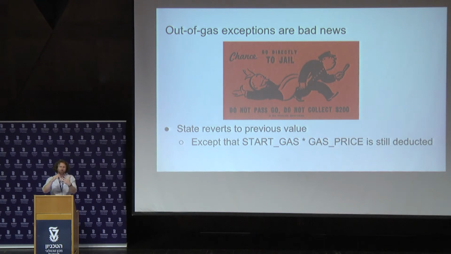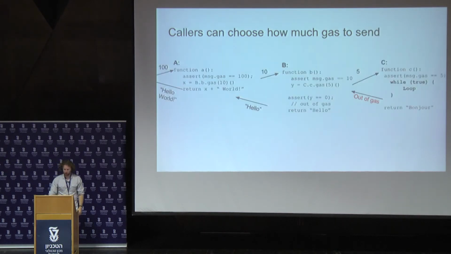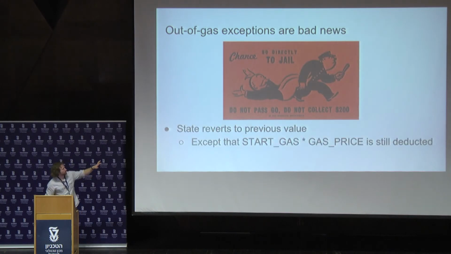And you can't predict fully the context in which your transaction is going to run. So it's possible by the time it actually gets included in the blockchain, for whatever reason, the state of the world has changed, and then you cause a gas exception. But I guess that's really the key thing, that if you run out of gas, everything is frozen and rewound to where it was before you started.